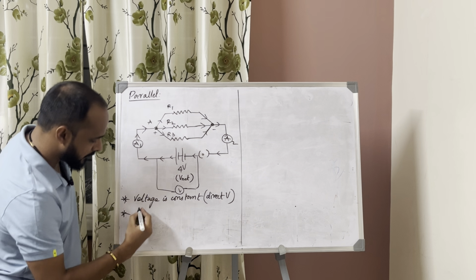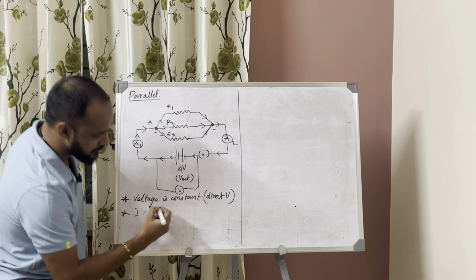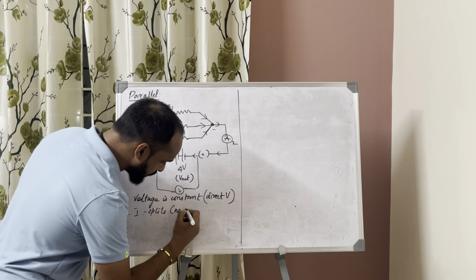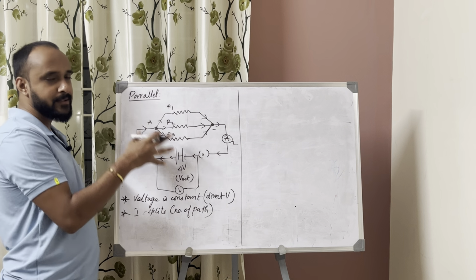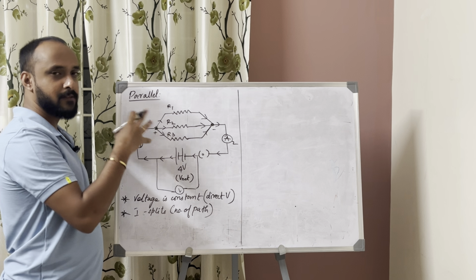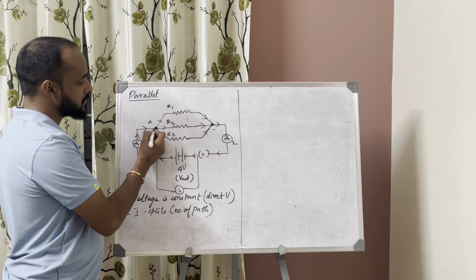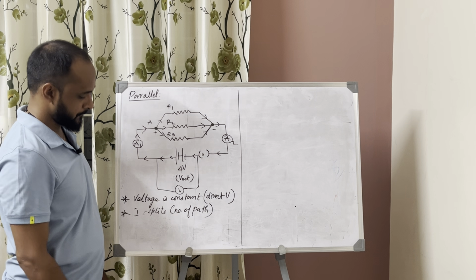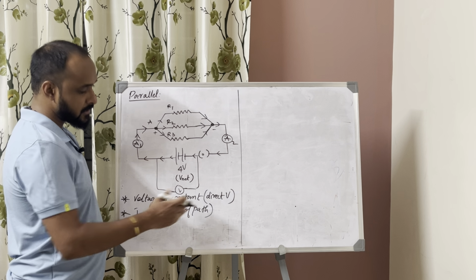So here we can tell that the current will split according to the number of paths. If I have 4 paths, it splits into 4 paths; 5 paths, 5 paths. Here, since I have only 3 resistors and 3 paths, the current will split only into 3 paths. This is clear. So this is a basic understanding: voltage is constant, the current will split.